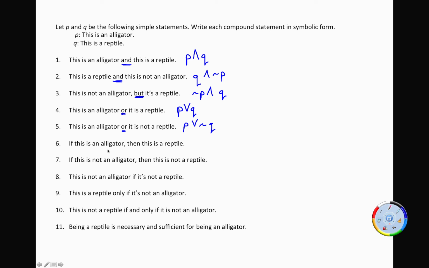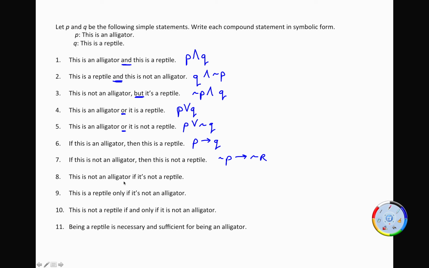If this is an alligator, then this is a reptile. If this is not an alligator, then this is not a reptile.